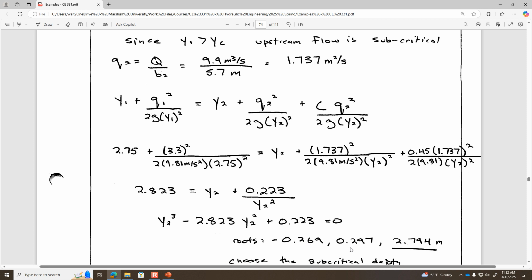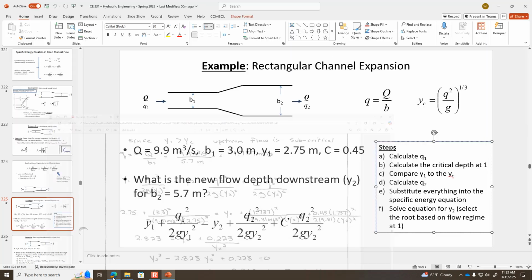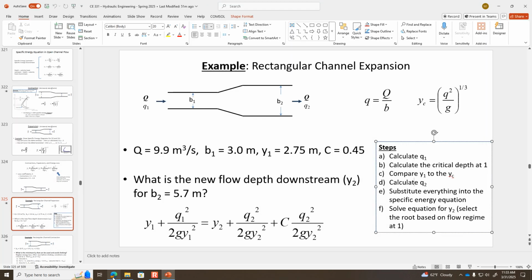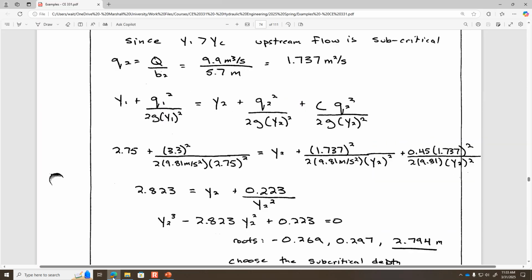We don't have supercritical conditions, and so the supercritical root we reject, and the new flow depth after the channel gets wider is 2.79 meters. And so the original depth was 2.75, and it lost quite a bit of energy because of the expansion. And despite losing all of that energy because of the expansion, the flow depth is still larger downstream.